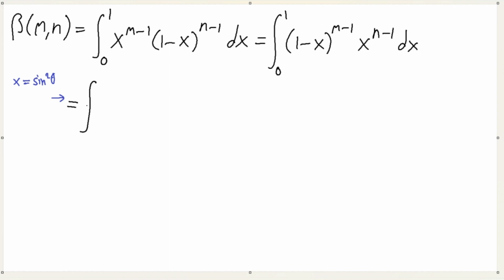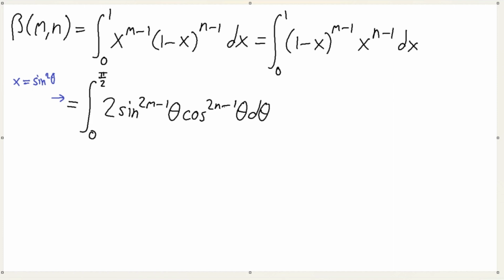Then you get our second form, from 0 to pi over 2, 2 sine of 2m minus 1 theta, and then cosine of 2n minus 1 theta, d theta.